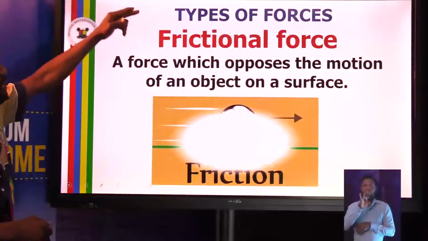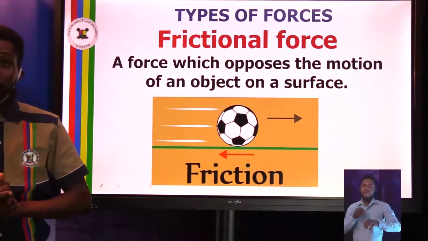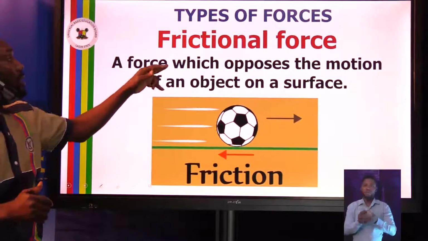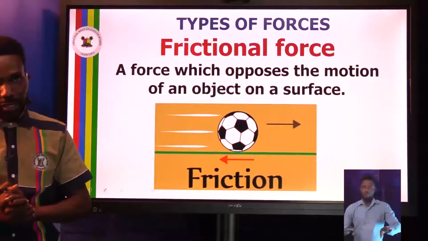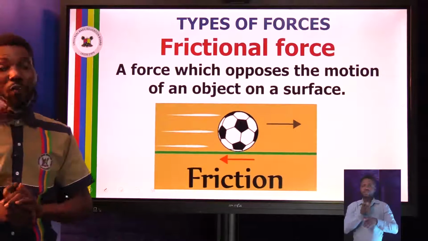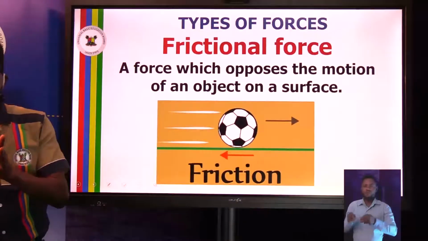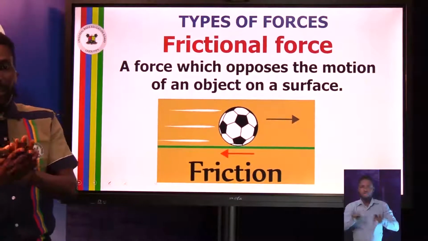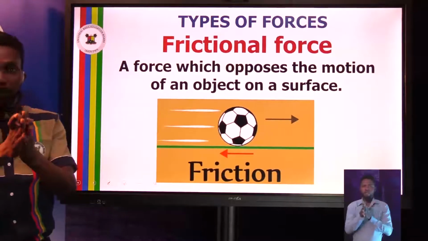Another type of force is frictional force. Frictional force is a force which opposes the motion of an object on a surface. Friction is a force that tries to stop movement between two surfaces. The very common example here is when you rub your palms together.